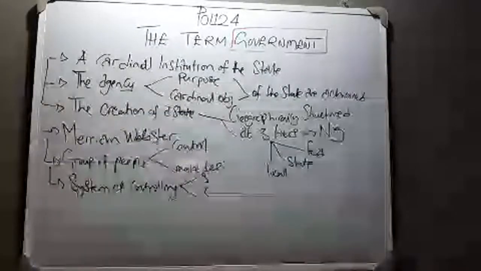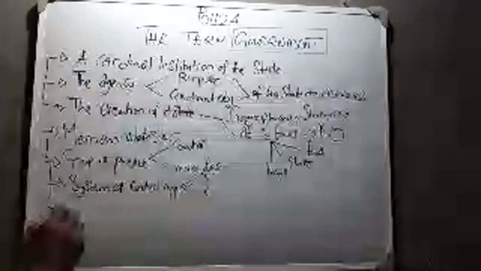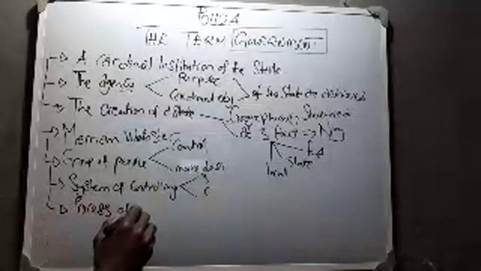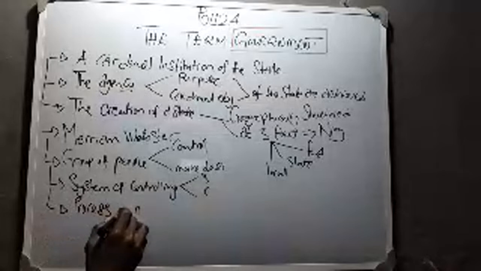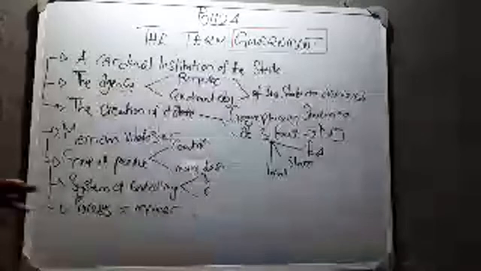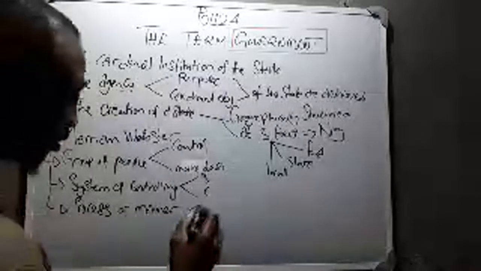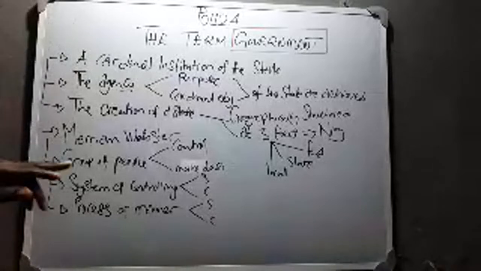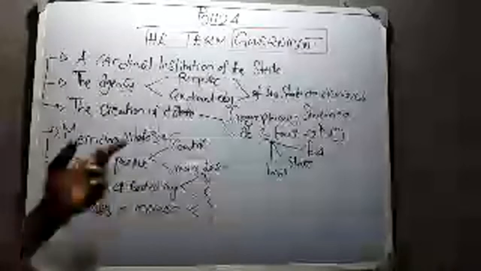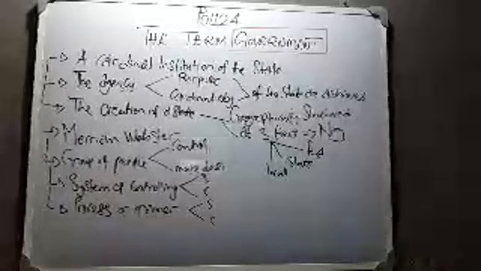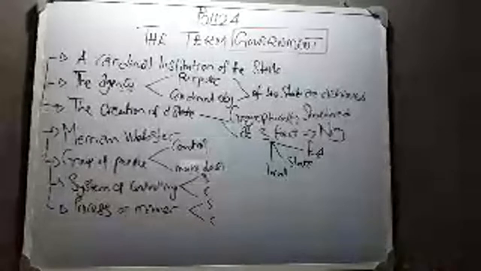So a group of people, a system, or a process or manner of controlling, according to Merriam-Webster. Now let's proceed.